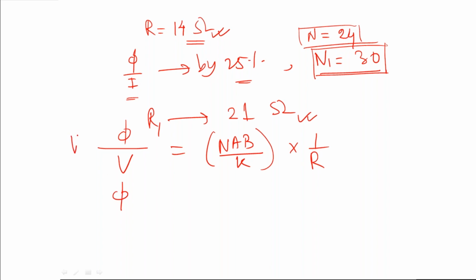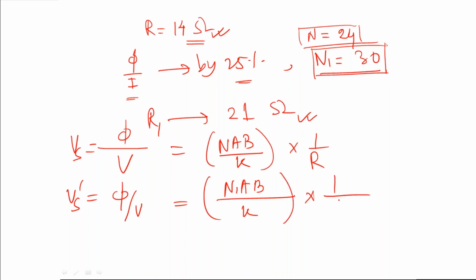And now the sensitivity I have to find out, suppose this is S prime, so this is again I by V, which is N1 A B by K into 1 by R1 now.